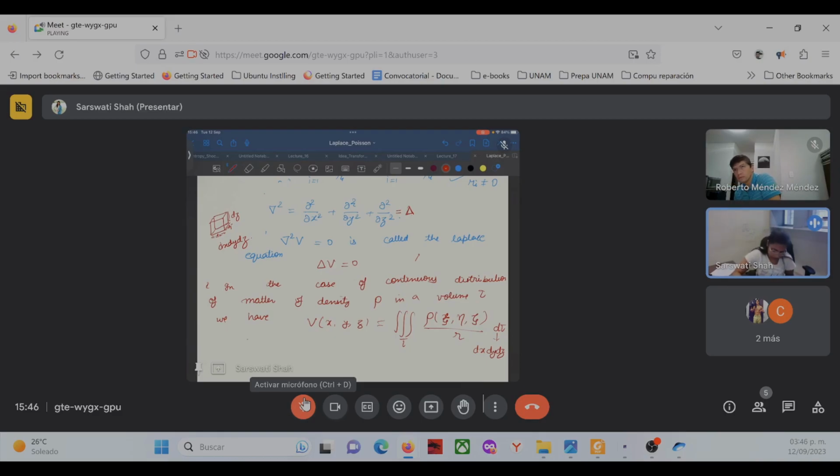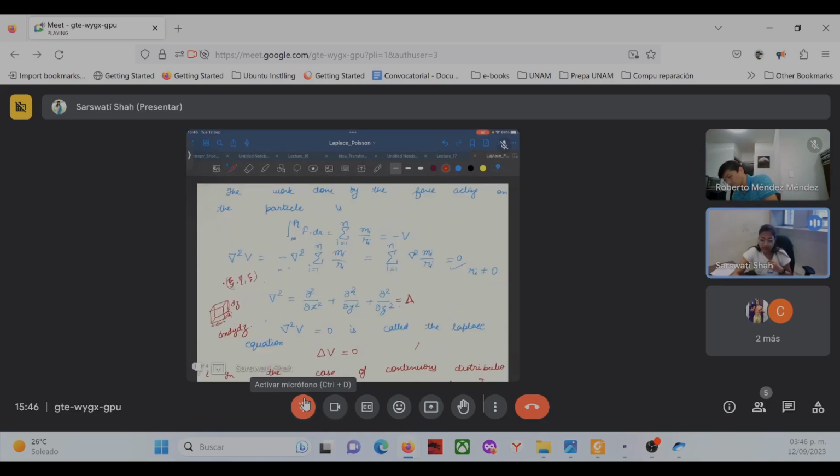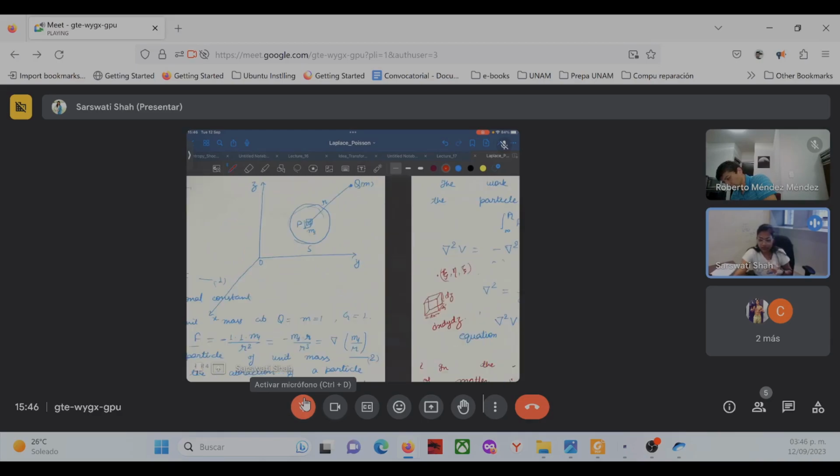And this r is the distance of any particle which is situated at xi, eta, zeta. So r will be the root of (x minus xi) squared plus (y minus eta) squared plus (z minus zeta) squared. Now also assume that this q is outside of that.